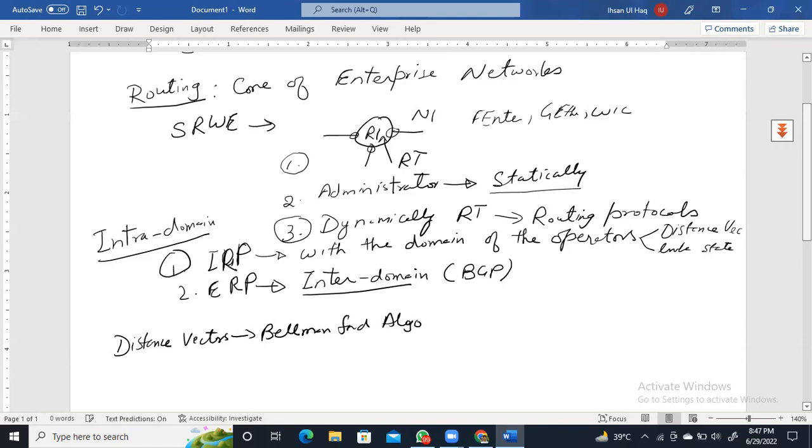For what purpose, I explained. And the examples of this distance vector routing protocol are RIP version 1 and RIP version 2. And further, it may be the interior gateway protocol, IGRP.